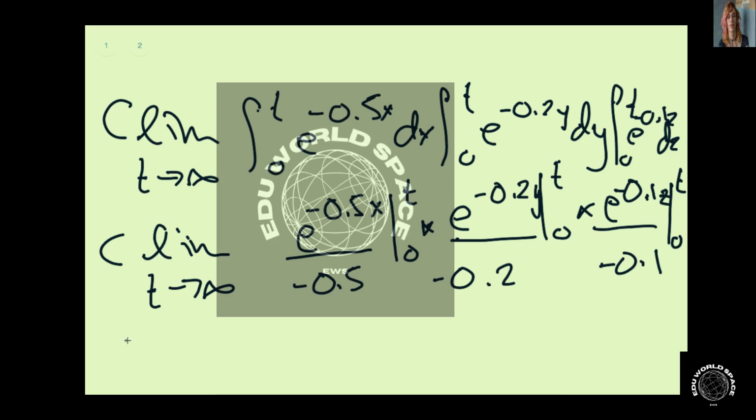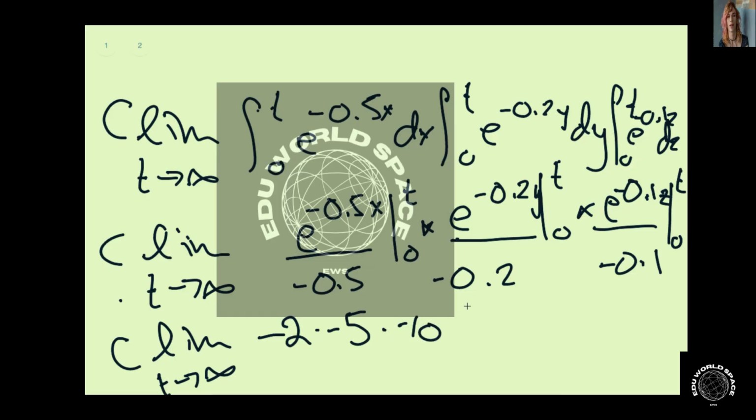we're going to get c times the limit as t goes to infinity. For 0.05, 1 over 0.05 is going to be negative 20. This guy will give us times negative 50, and this guy will give us times negative 10.